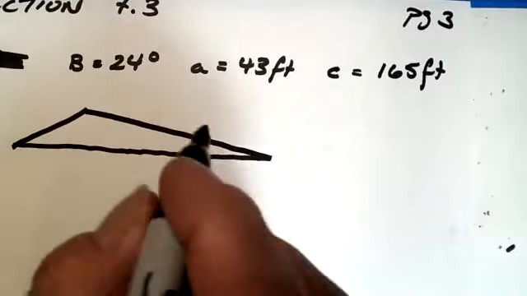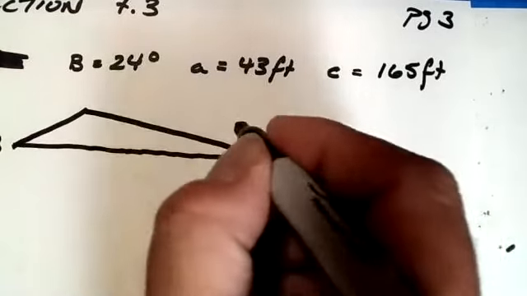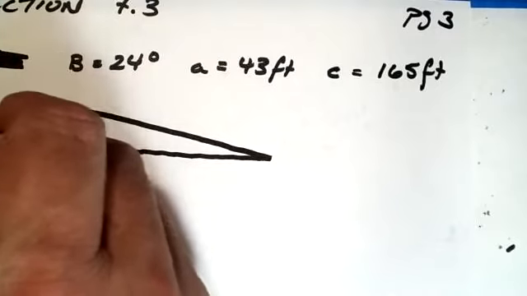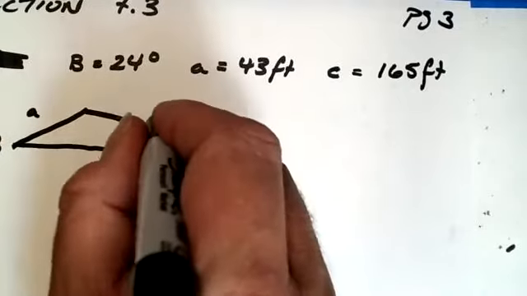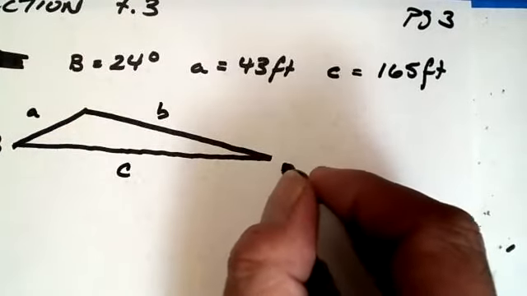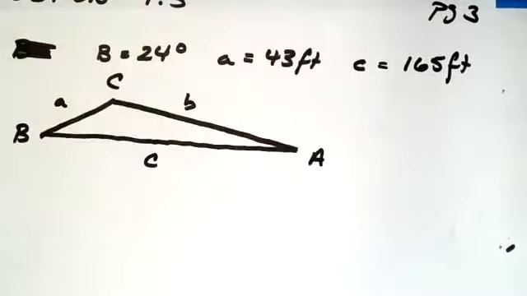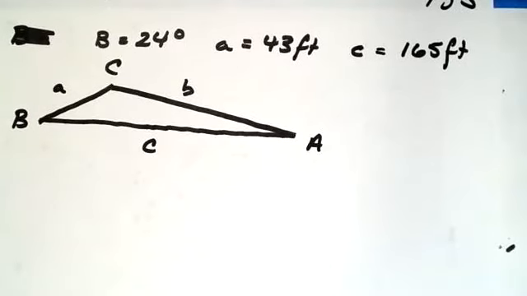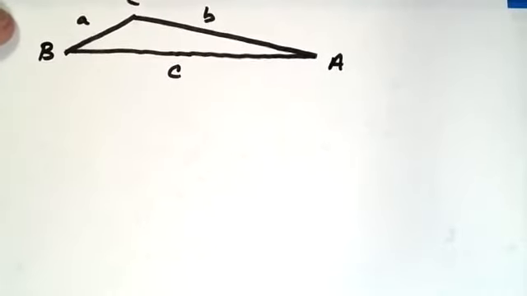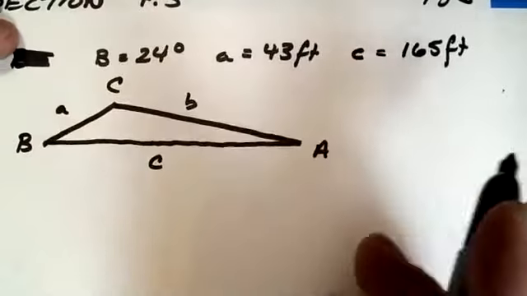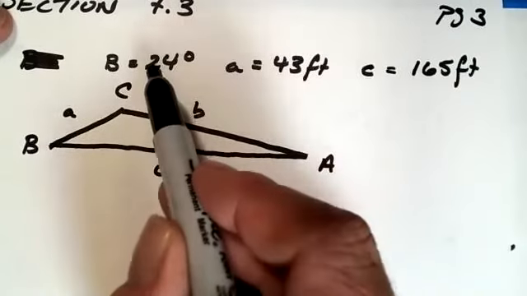Here, this is 24 degrees, so this is B. Let's call this side A, this is side C, and this is side B. Angle A, angle C. I've drawn the triangle that I think is the solution, but we'll do it in a more formal way. So now I have the situation where I have one side, another side, and an angle.